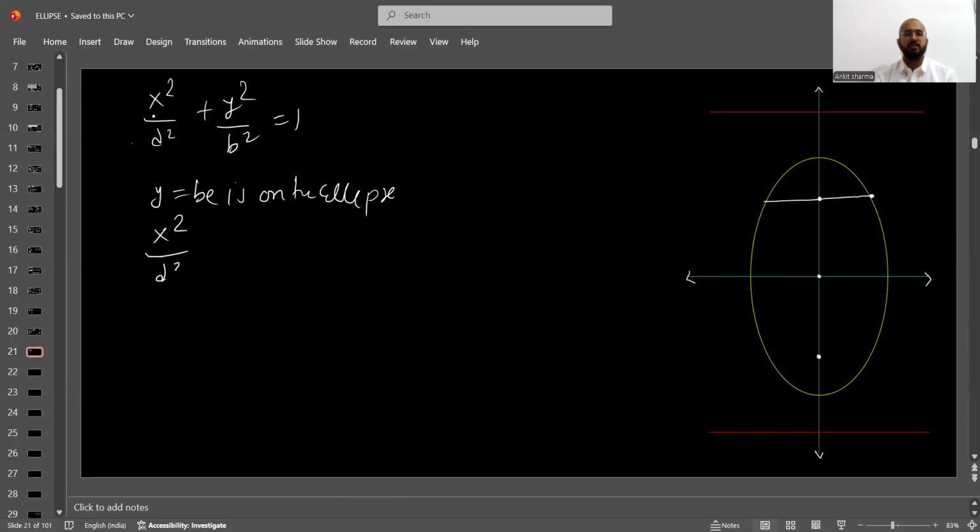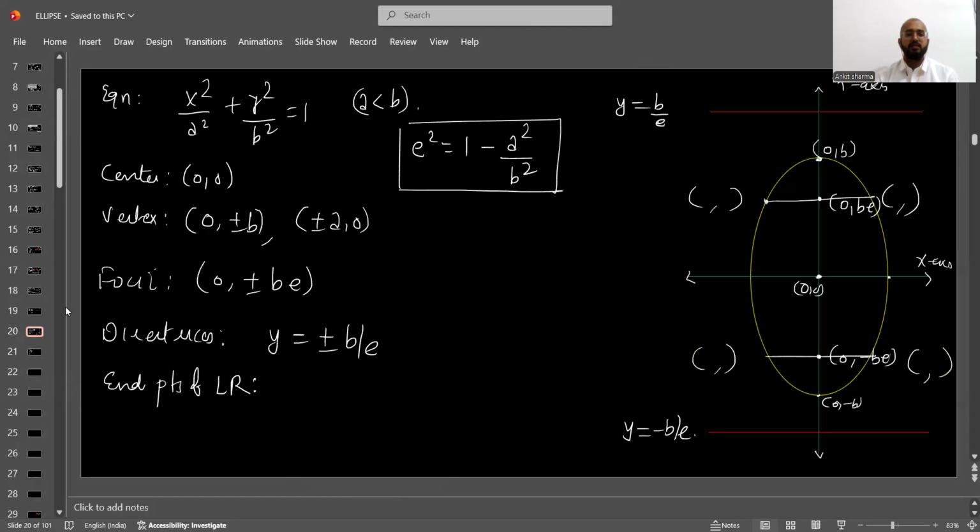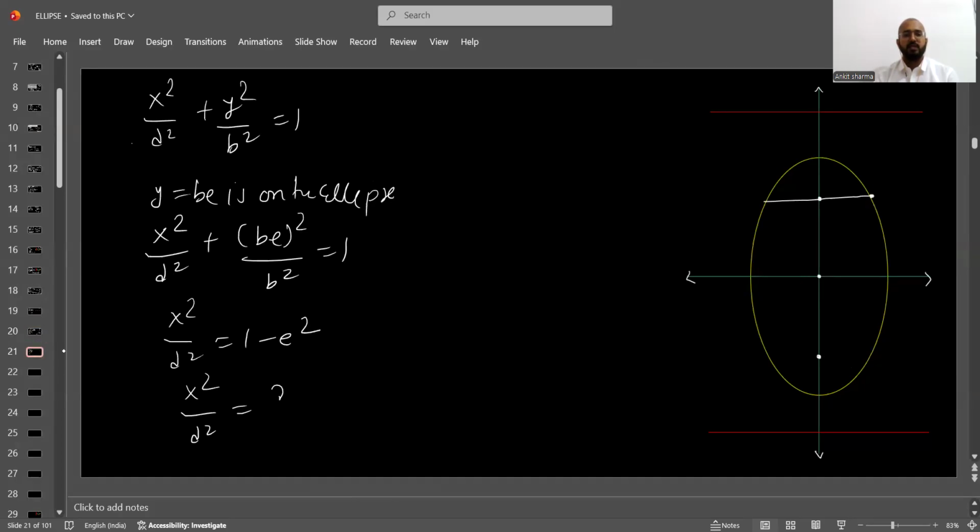So I get x square over a square plus be square over b square is equal to 1. So from here, this b square gets cancelled and I get x square over a square is equal to 1 minus e square. I can get it from here, which is a square over b square. So x square is equal to a power 4 over b square. So this implies x is equal to plus or minus a square over b.